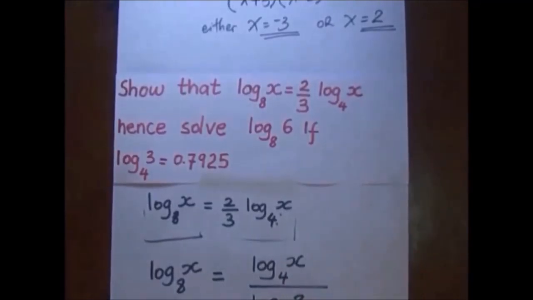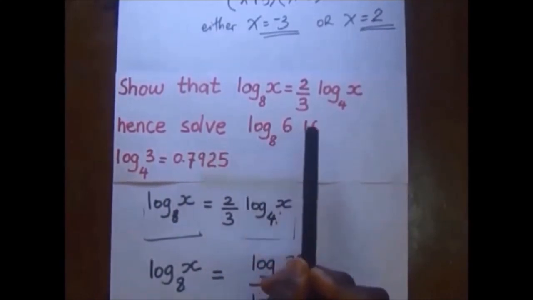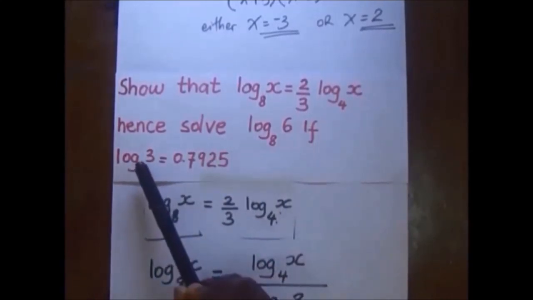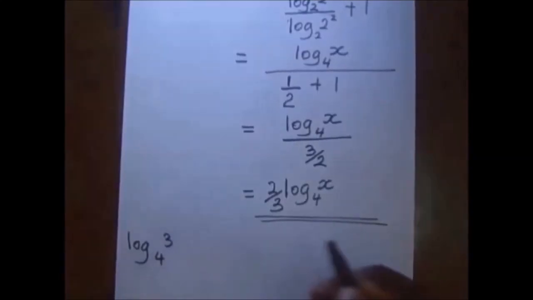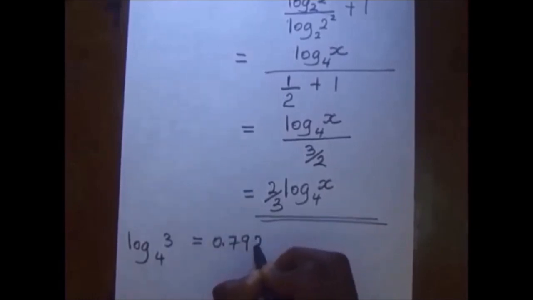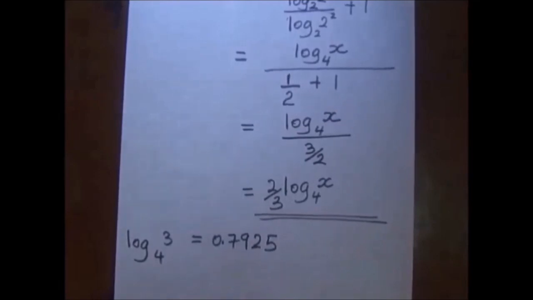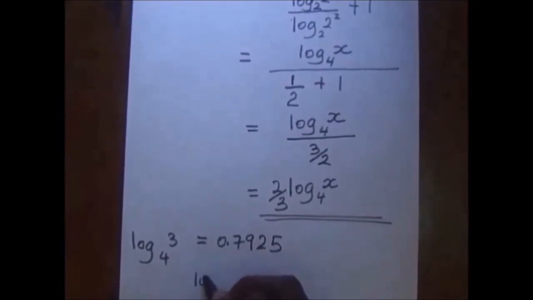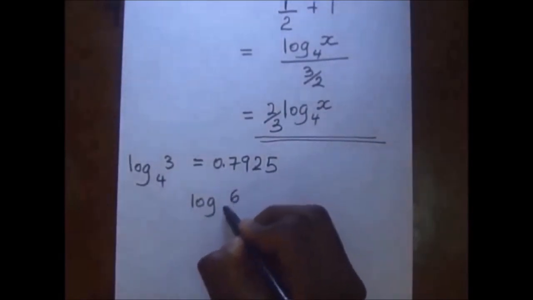So now they are telling us the second part of the question is that hence solve log 8 base 6, if log of 3 base 4 is equal to 0.7925. They want us to find the logarithm of 6 base 8.